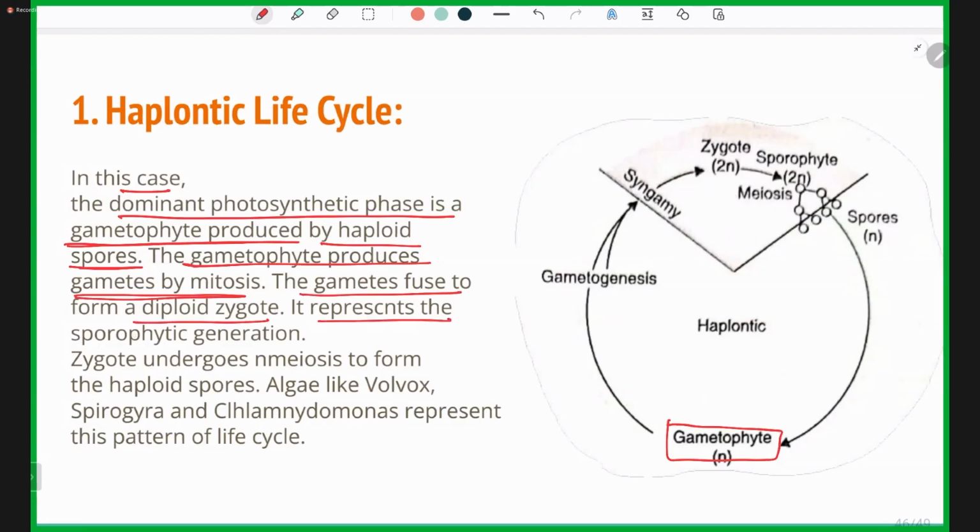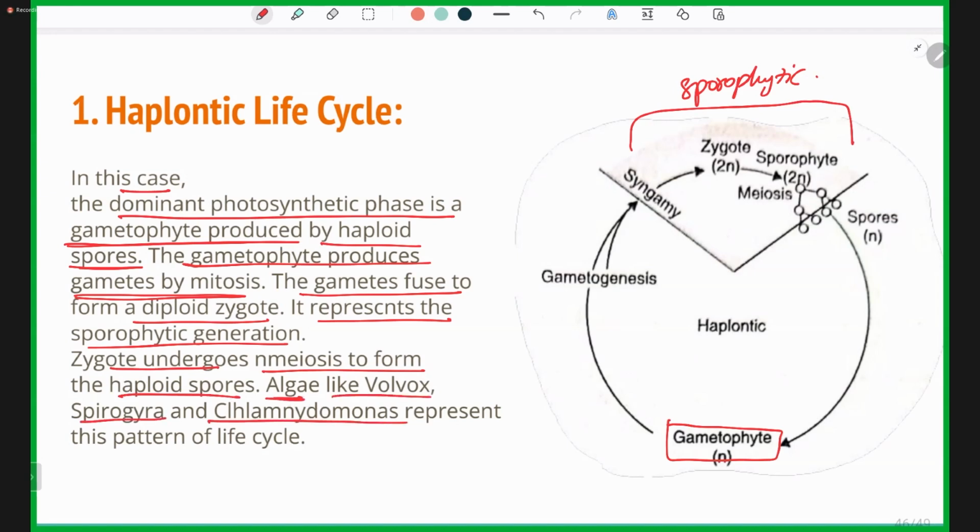It represents the sporophytic generation. This will represent the sporophyte. The zygote undergoes meiosis to form haploid spores, which will again give rise to the gametophytic plant body. Examples are algae like Volvox, Spirogyra, Chlamydomonas; moss represents this pattern of life cycle.